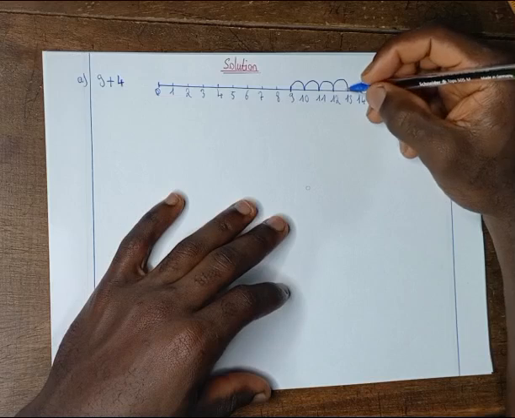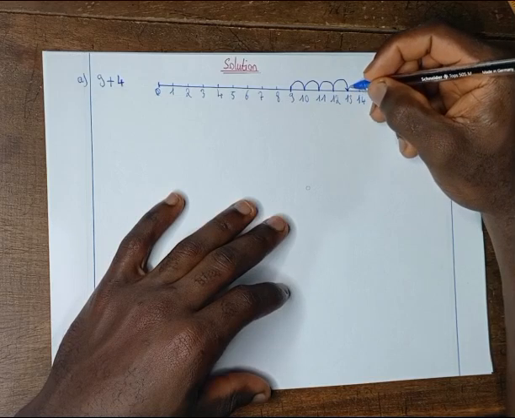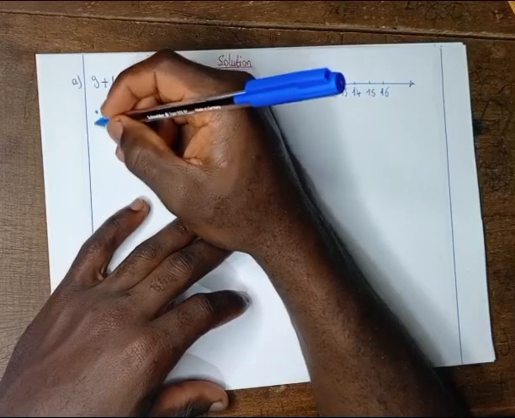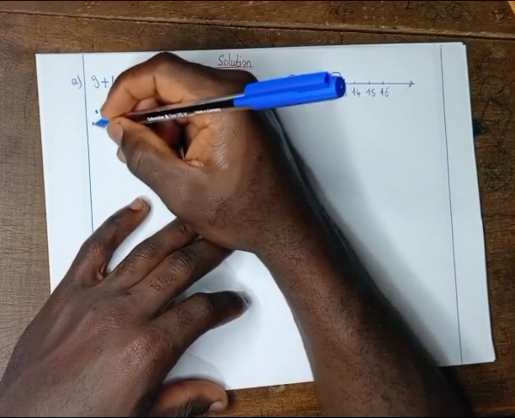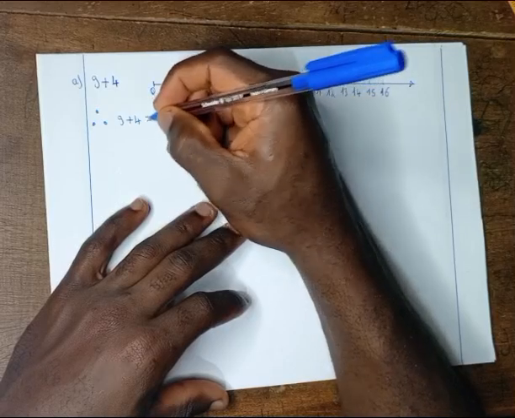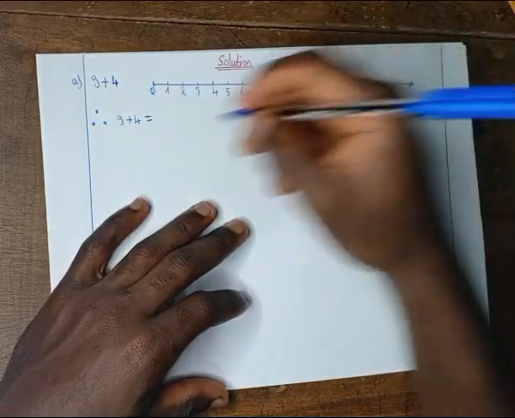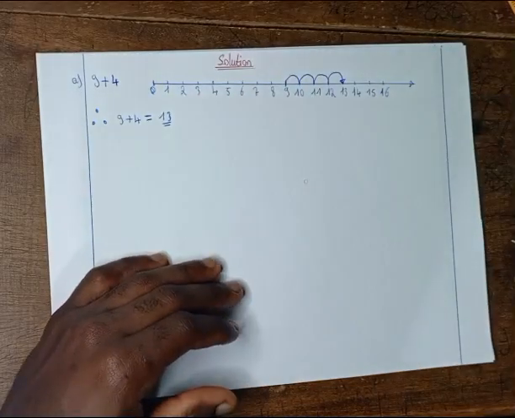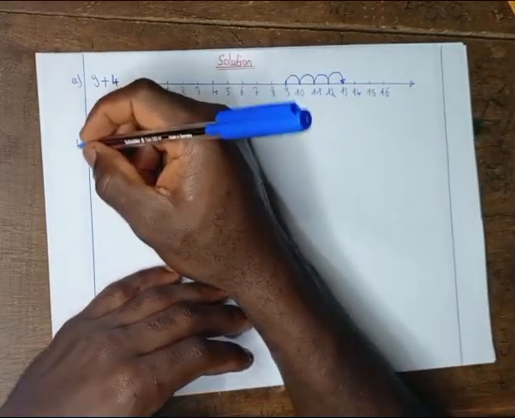Where we end after moving the 4 units, we have to end with an arrow as such. This is the result. We conclude, therefore, 9 plus 4 is equal to 13. 13 is our answer.